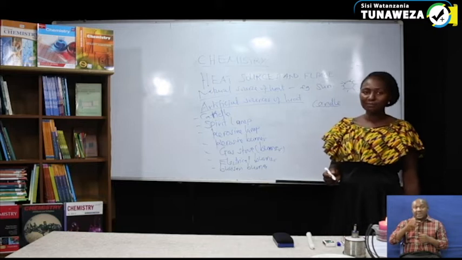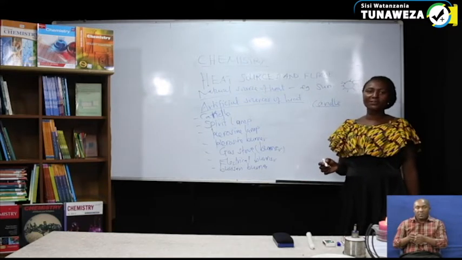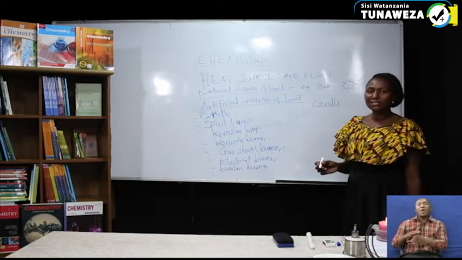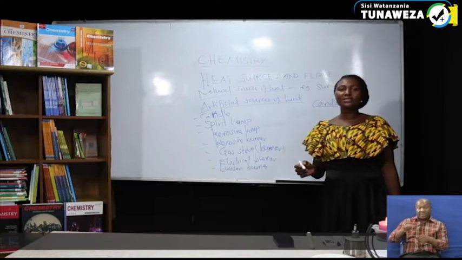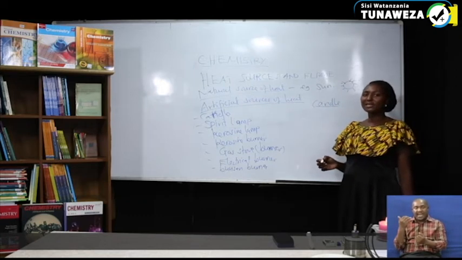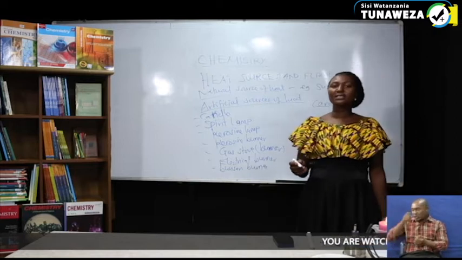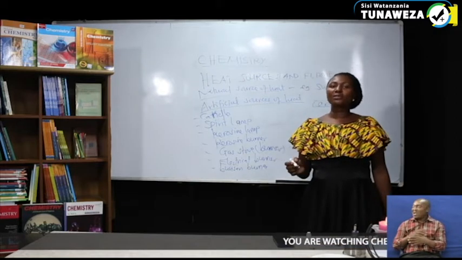The spirit lamp uses spirit as the source of fuel. Also, spirit produces yellow flame, and it is not very hot. Because it is not very hot, it cannot be used for cooking purposes.